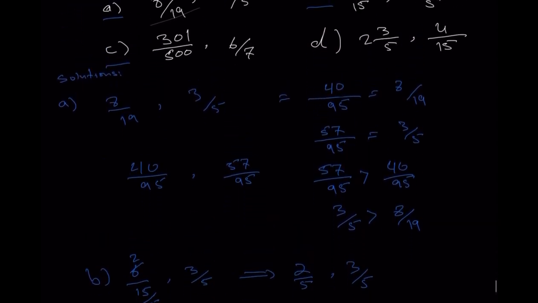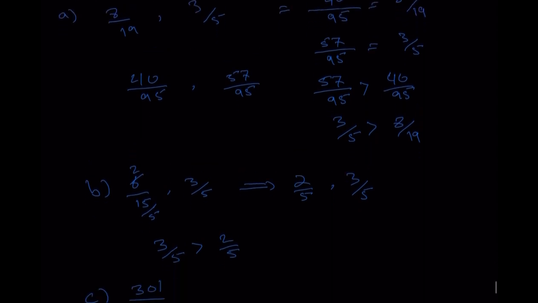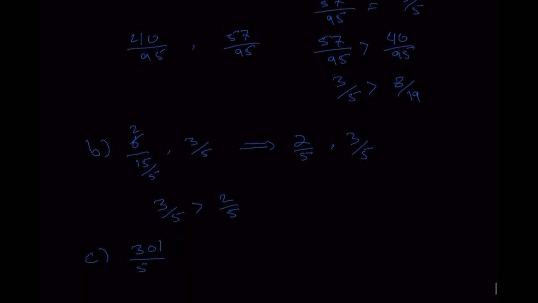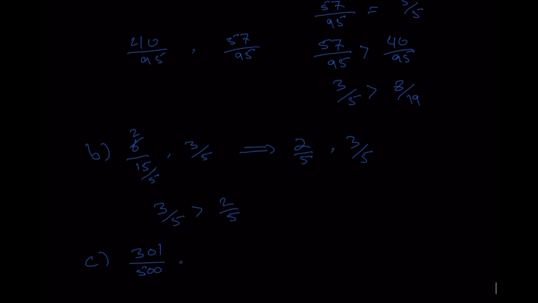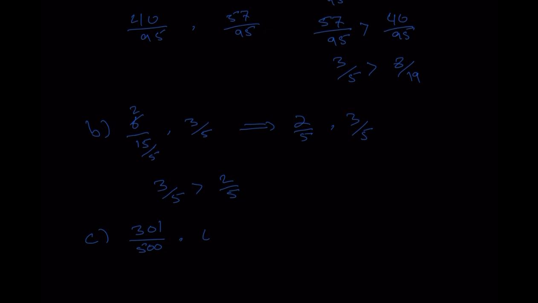Okay, I will solve number C. C is 301 over 500 and 6 over 7. We can find the common denominator here.